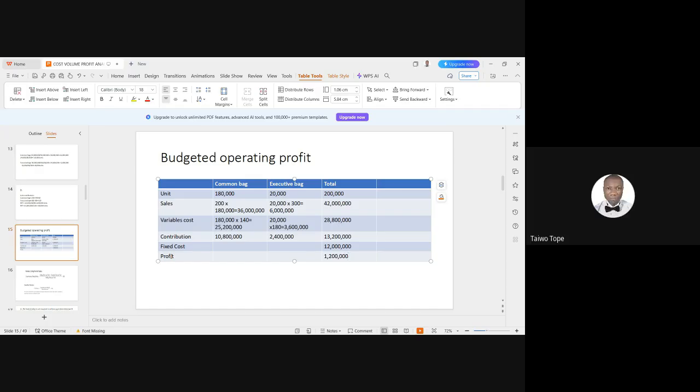So the question is saying: calculate the budgeted operating profit and break-even point if 200 units are sold, but only 20 are executive bag. So what will be our break-even point? The total fixed cost, 12 million, divided by contribution per unit.